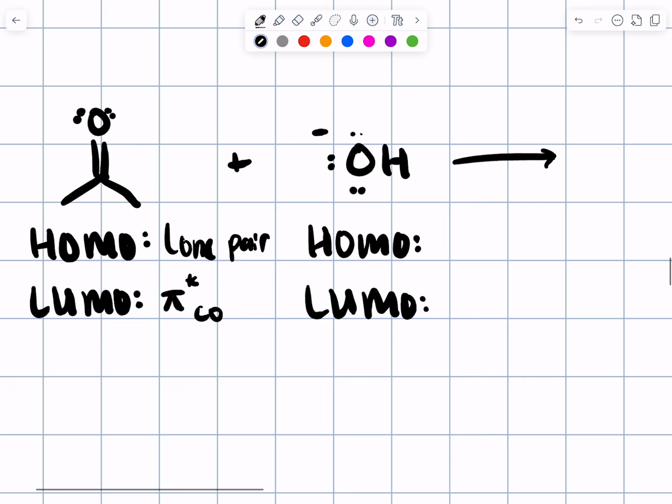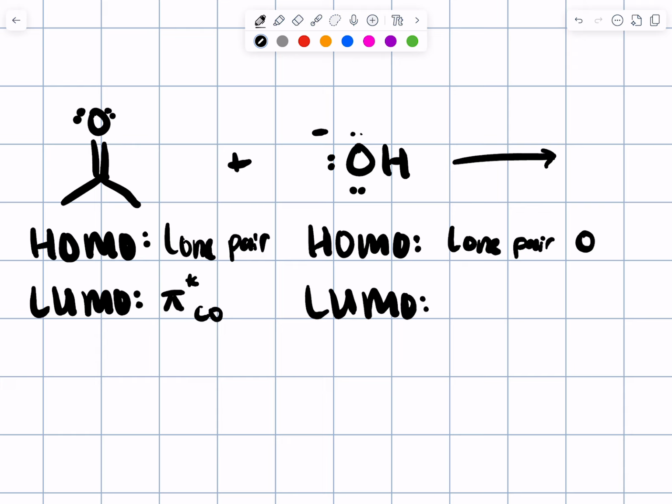Now for the OH minus, there's not a lot of other options. I shouldn't say obviously; we're still new to this. It's the lone pair on the oxygen. And then as for the LUMO, I don't really see anything special on the list.